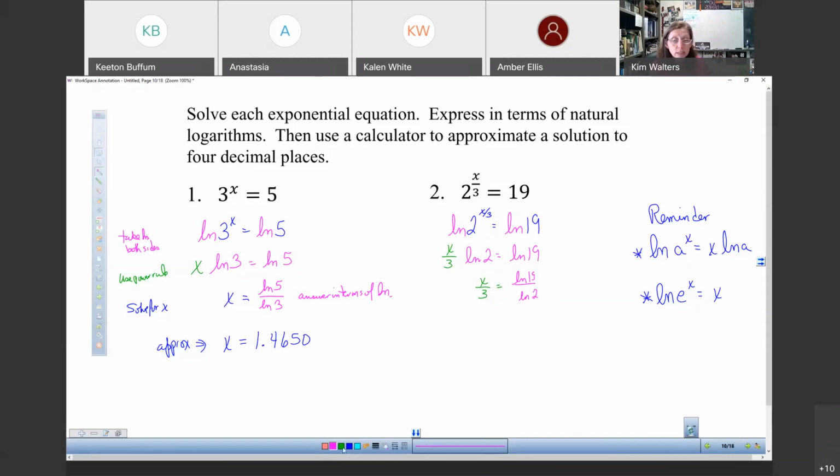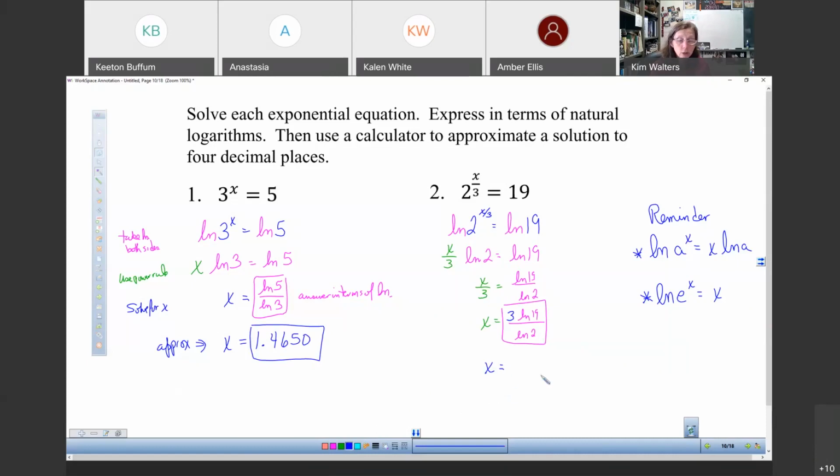And so that's going to give me x is equal to 3 times the natural log of 19 divided by the natural log of 2. And this is the answer in terms of natural logarithms. So just like this was my first answer, this is my first answer, okay? And now I'm going to plug this into the calculator to get the approximate answer.